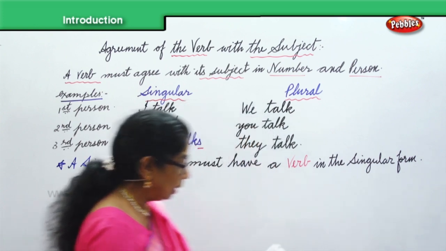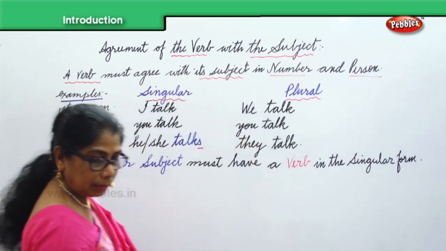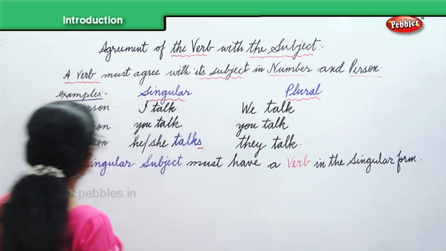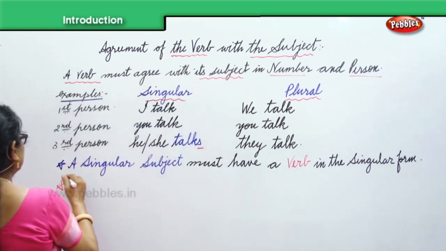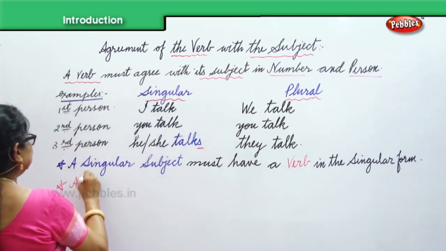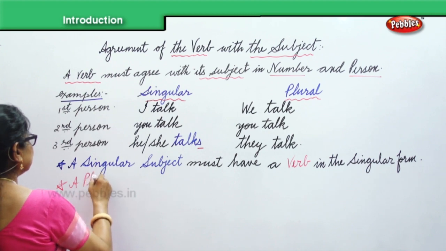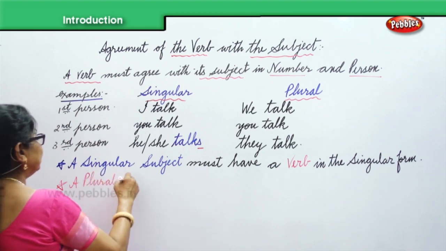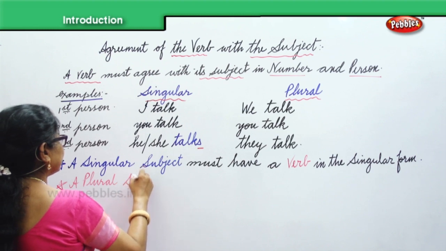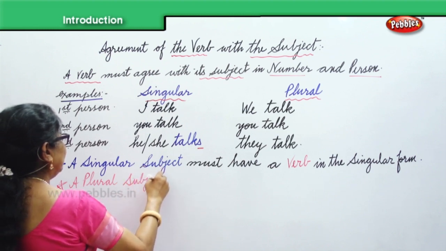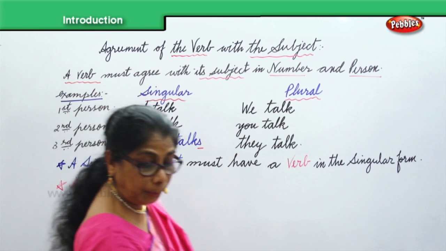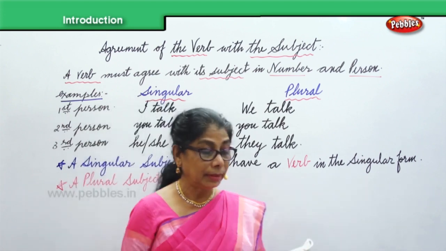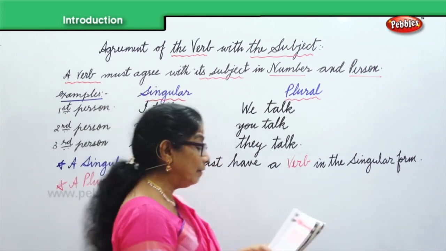Okay. What about a plural subject? The next one we need to look at is the plural subject. In the plural subject, it must have a verb.